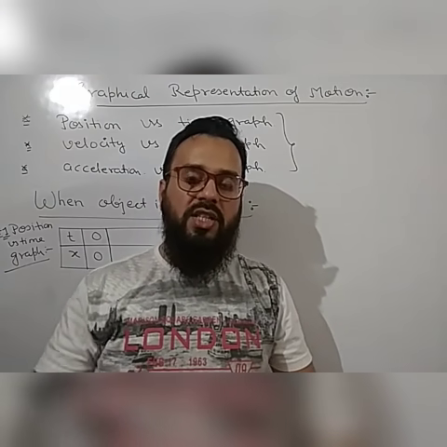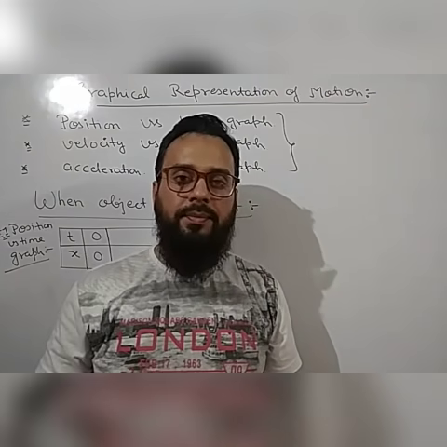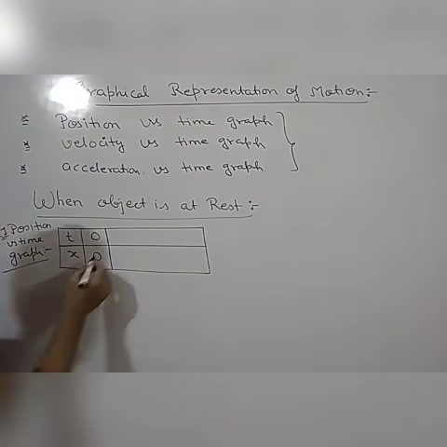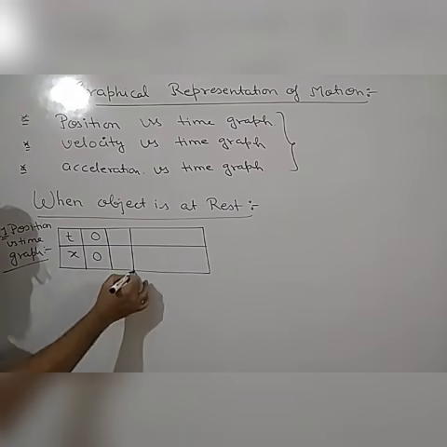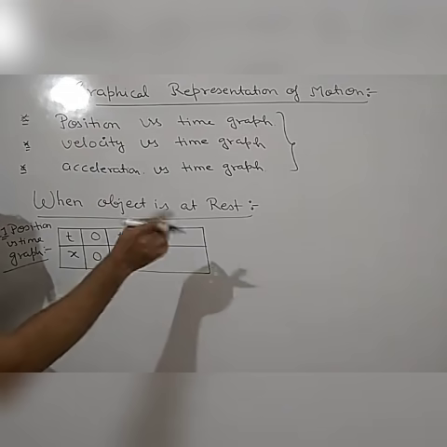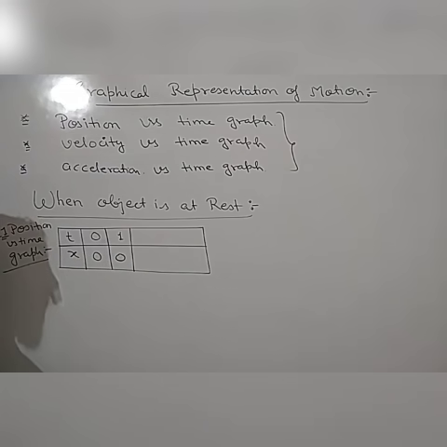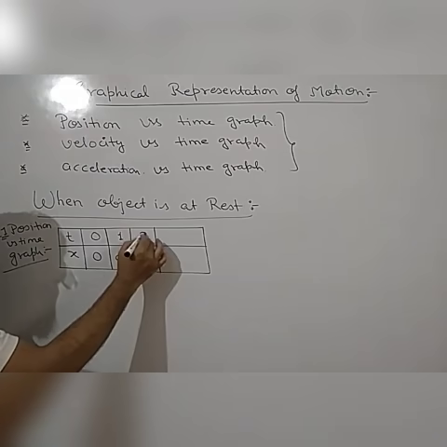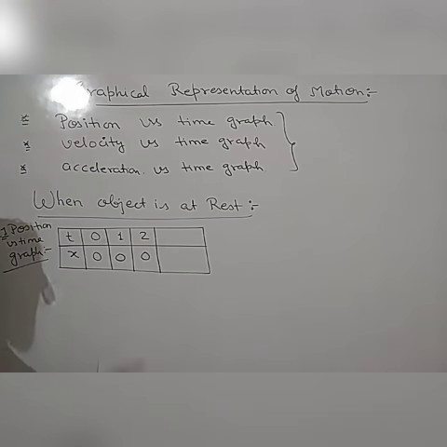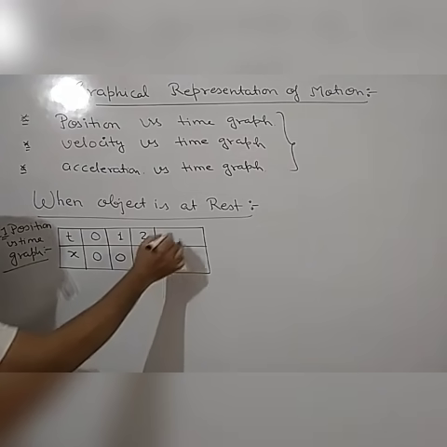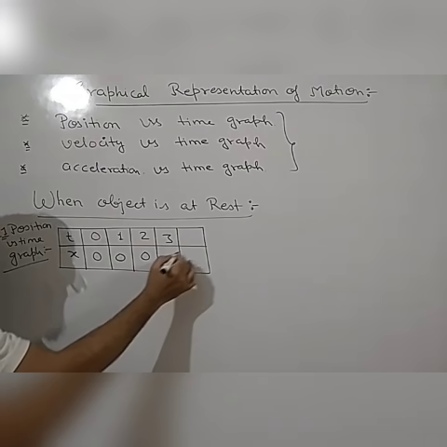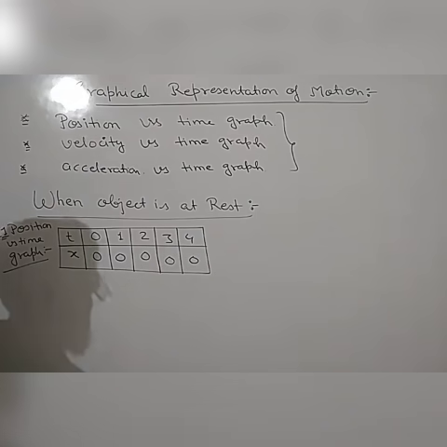With respect to the origin, I am at that particular point. So at t equal to 0, x equal to 0. After 1 second, x equals 0. After 2 seconds, x equals 0. After 3 seconds, x equals 0. After 4 seconds, x equals 0.